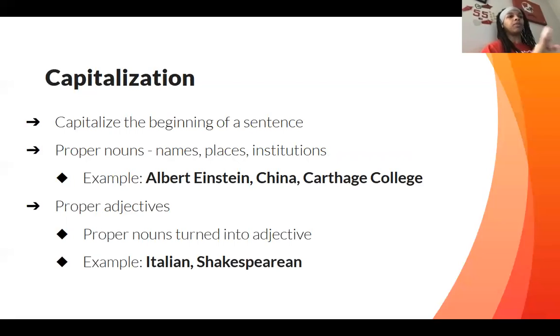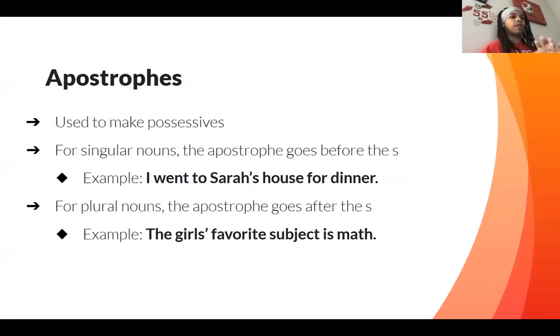And some other examples, Albert Einstein, China, Carthage College, as I just said. It's also known as proper adjectives, proper nouns turned into adjectives. So these are things such as Italian or Shakespearean, Spanish, things of those natures.